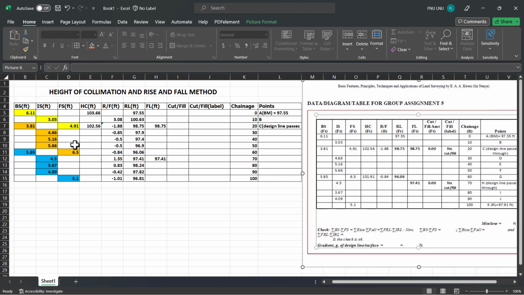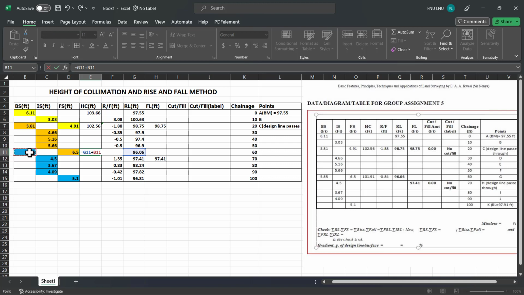So let's compute the height of collimation at this place. You can see that here was the third place we set our instrument. So you have the backsight here and the reduced level here. We have to compute the height of collimation at this particular area. It will be equal to the reduced level here plus the backsight here.